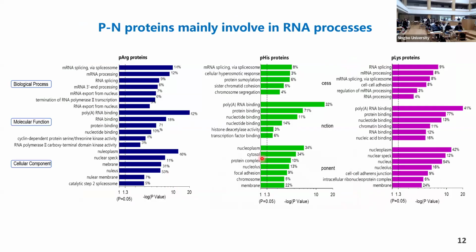And bioinformatics analysis shows that arginine, histidine, and lysine phosphorylated proteins are mainly involved in RNA processes, for example mRNA splicing, mRNA exporting, and others.